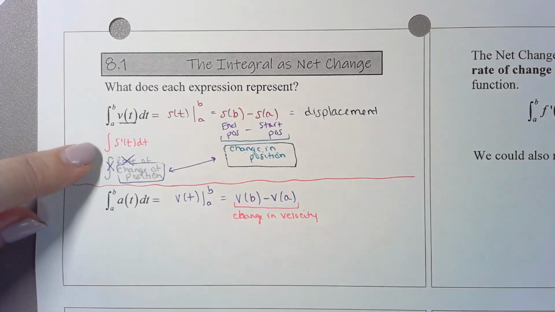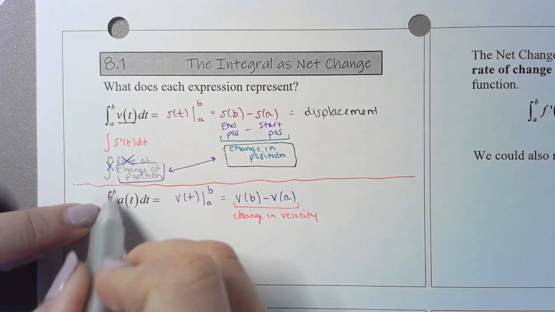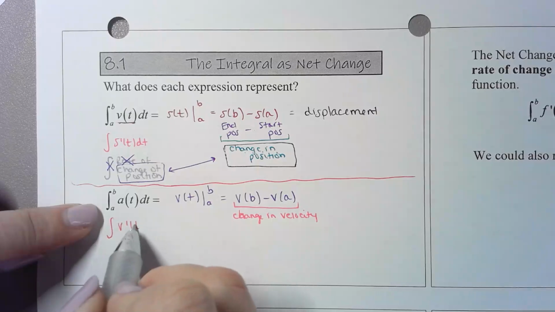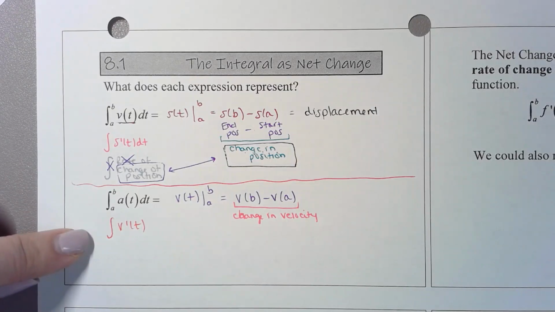But just like we did the last one, we can go in a little bit differently and say, well, we are integrating the derivative of velocity. We are integrating the acceleration.